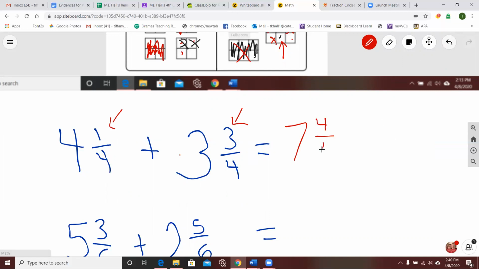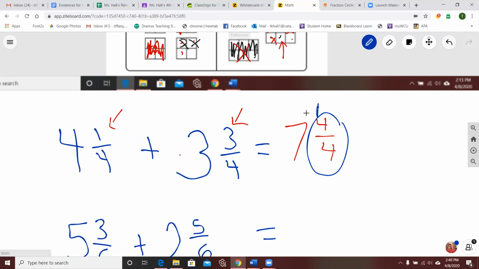So look closely at this mixed number. What do you notice? Okay, you've got 4/4 right here. What do we know about 4/4? 4/4 is a whole. Okay, so if that's a whole, I'm just going to write my one whole right there.